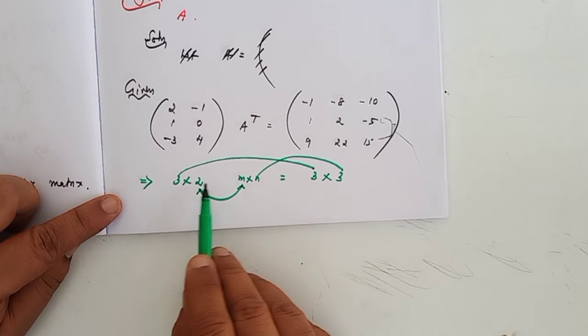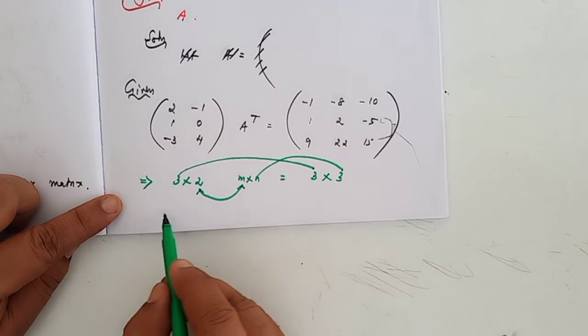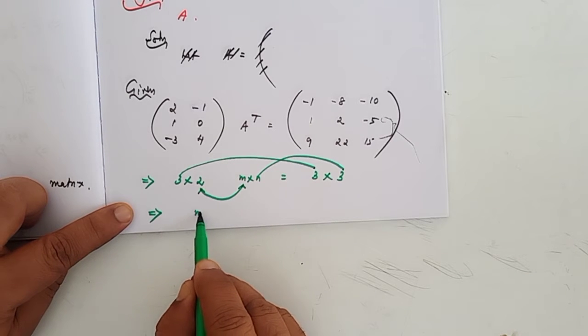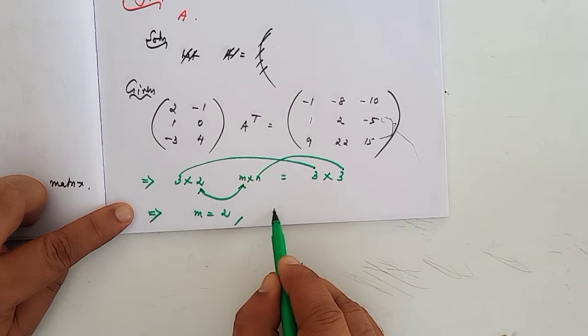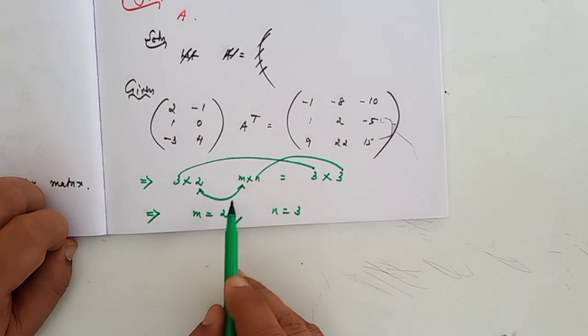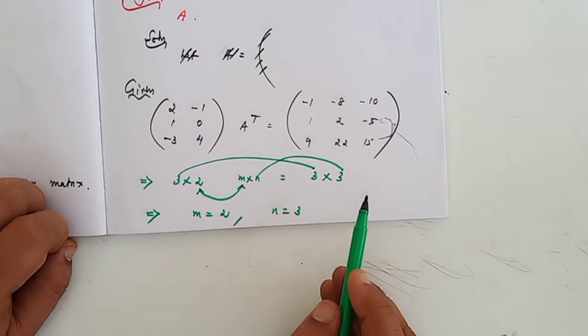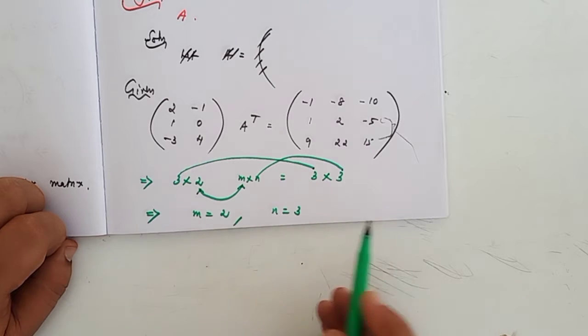What is m? m is equal to 2. Again I tell you, these two must be equal. Therefore m equals 2 and n equals 3.